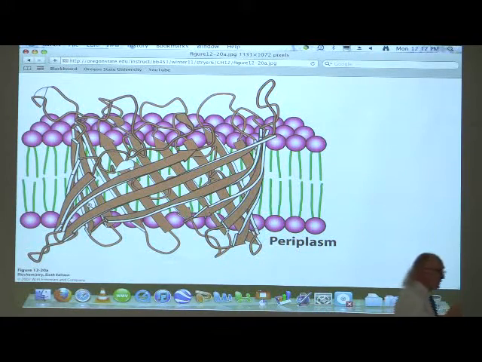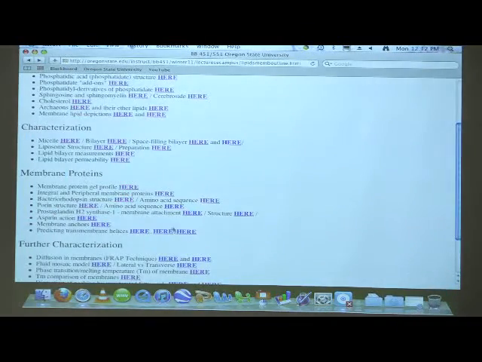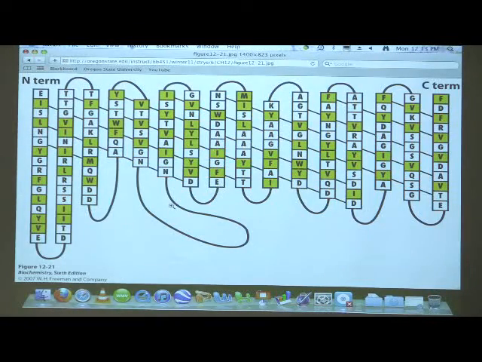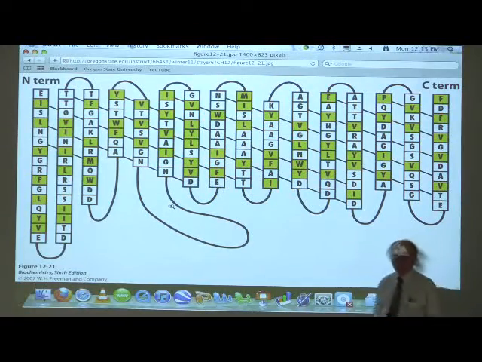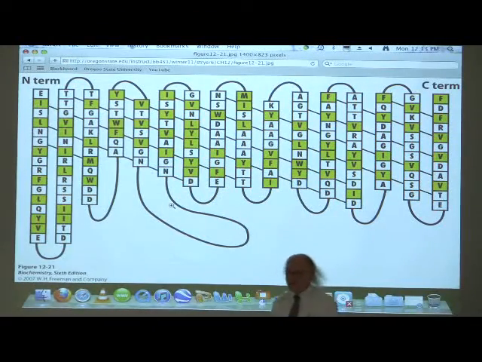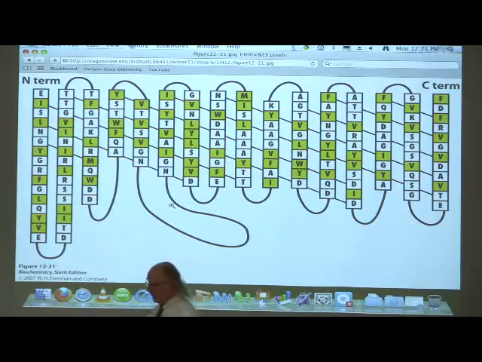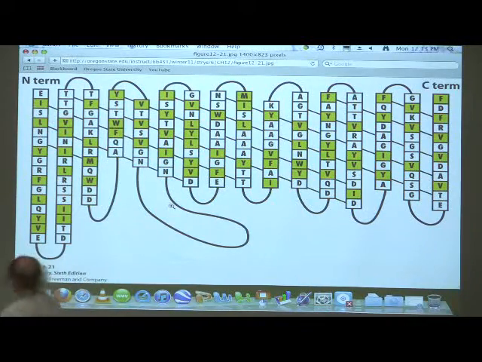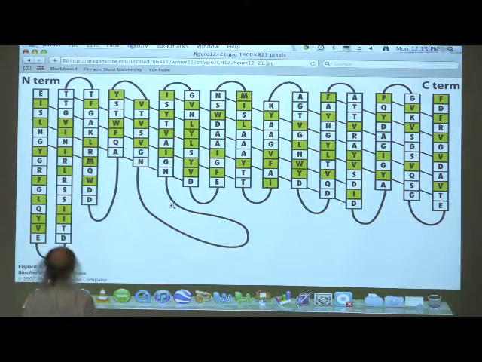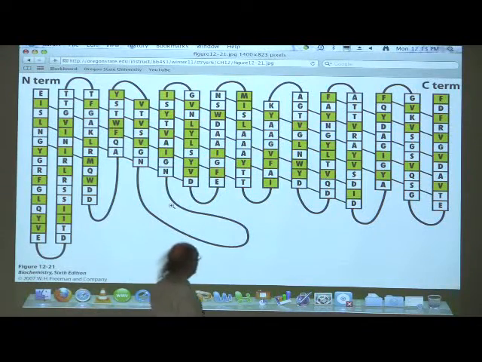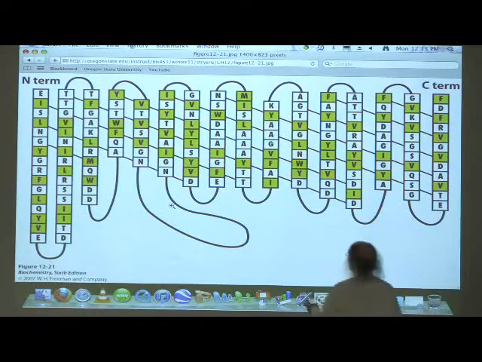Okay? Now we can use that information about the polarity of amino acids to look at the amino acid sequence of a protein and predict whether or not this is a protein that would be dissolved in the cytoplasm or would be embedded in a membrane. Okay? And so some of that is seen here. What are highlighted are amino acids that are fairly nonpolar. And you can see these nonpolar amino acids are very abundant in each of these transmembrane domains.